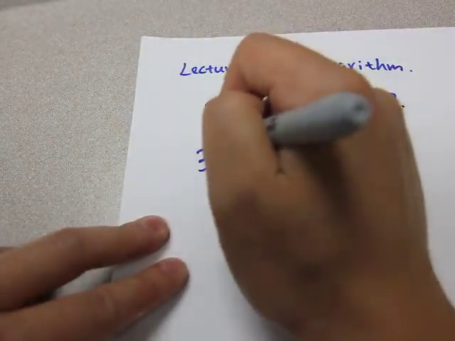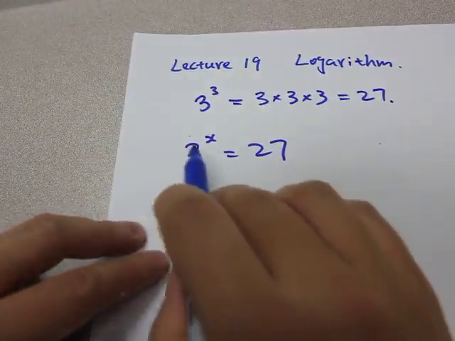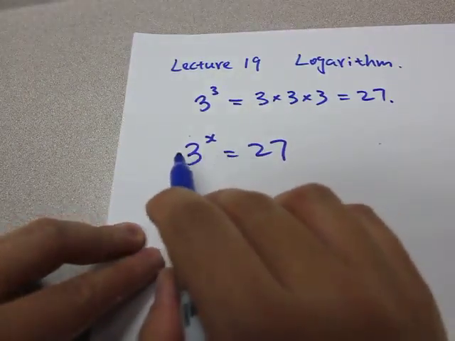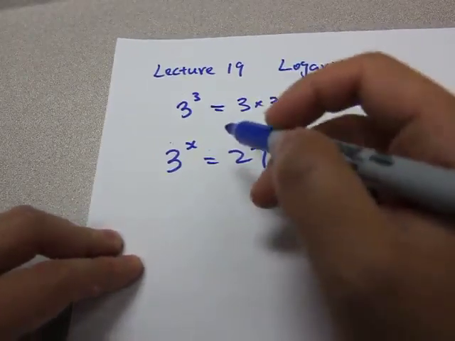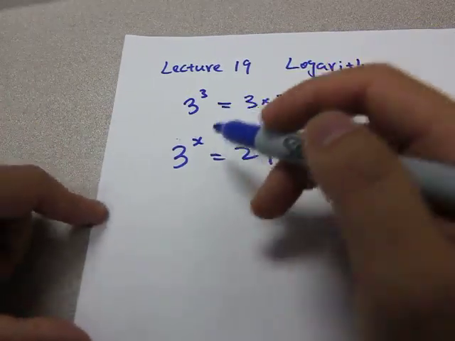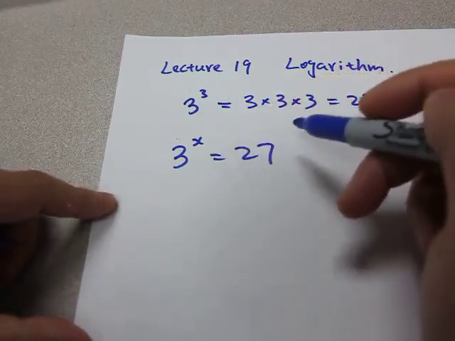And if we're not given this power, if we're given this equation 3 to the power of x equals 27, now we want to know which power 3 has to be raised to in order to get 27.